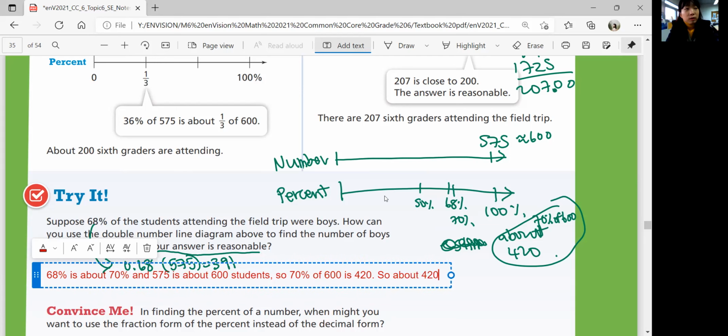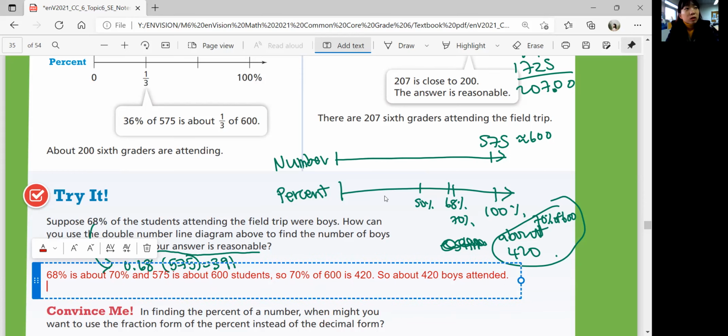About 420 students, 420 boys. And then the decimal equivalent: 68% is 0.68 because you divide it by 100.